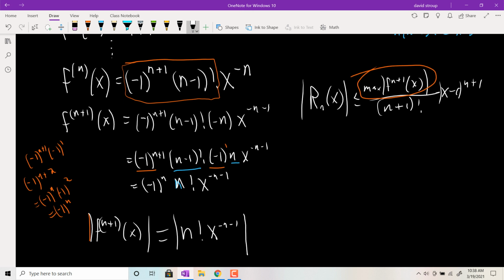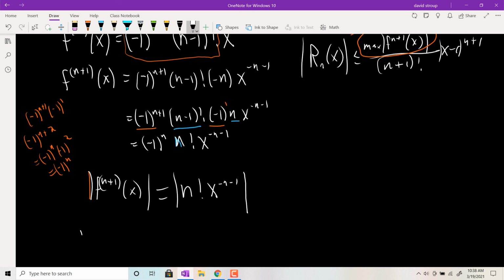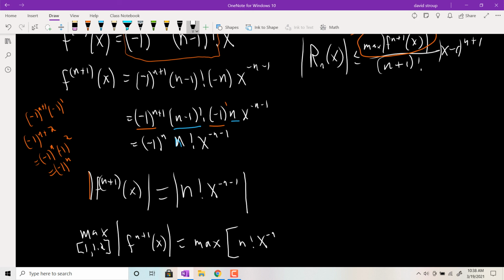We want to maximize this on our interval, from x to c, where x is 1.2 and c is 1. So we're going from 1 to 1.2. The x will be positive no matter what on this interval, so we're looking for the max of n factorial times x to the negative n minus 1. We don't need to worry about the absolute values.